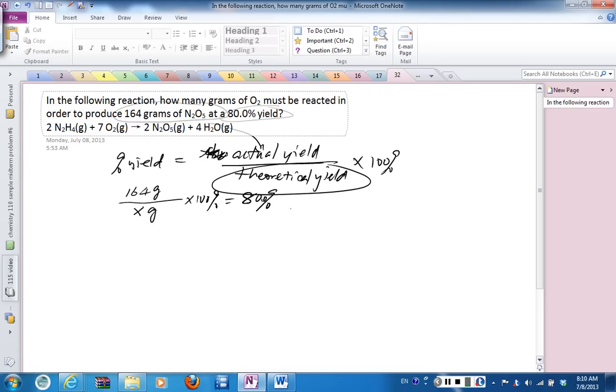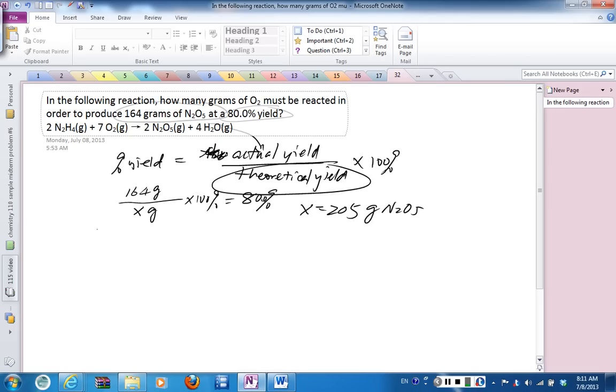And very easily we can calculate our X, which is the theoretical yield, must be 205 grams of N2O5. So we need to prepare reactants that are enough to make us 205 grams of N2O5. After that, with the 80% yield, we can eventually produce 164 grams of N2O5.